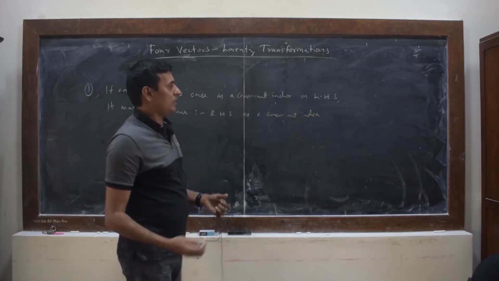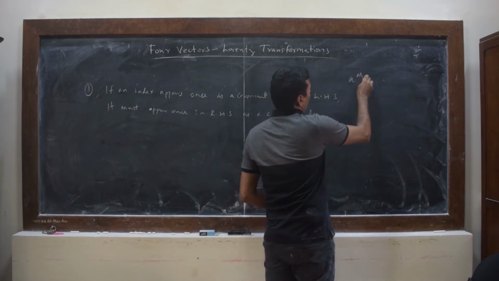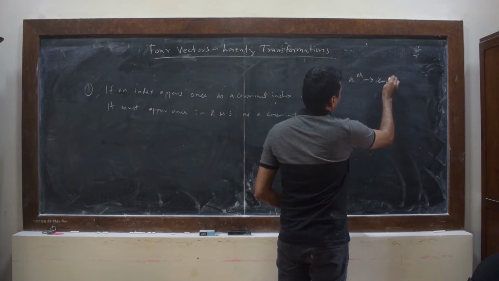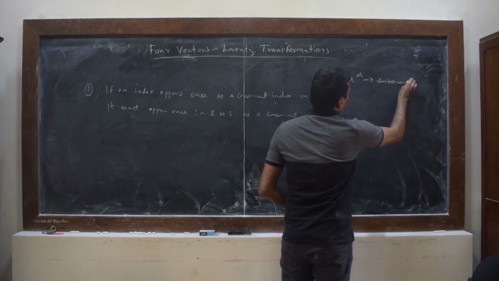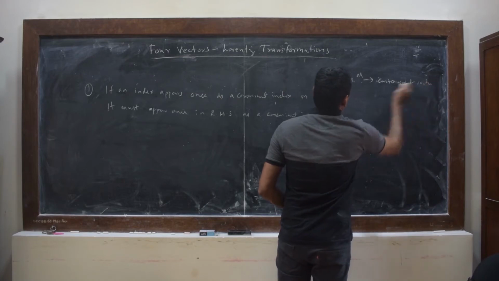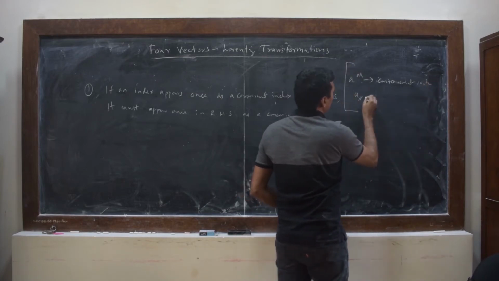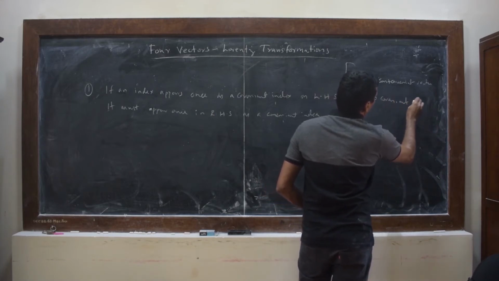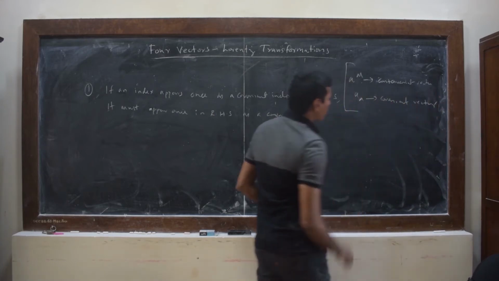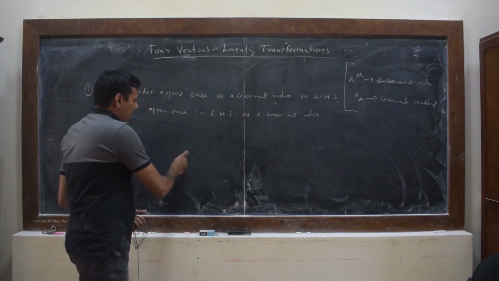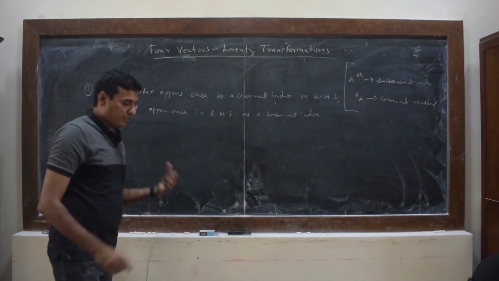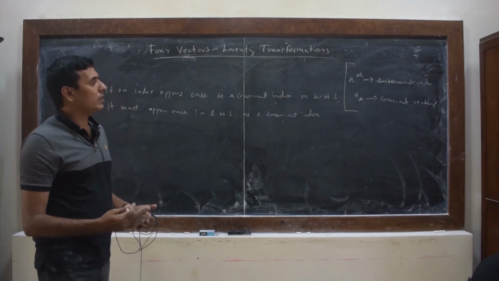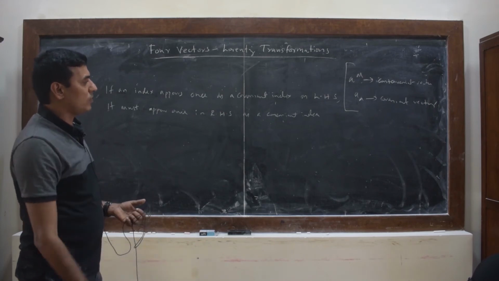That means if you have A mu as a contravariant vector, and A lower mu is a covariant vector, the first rule says that if in a tensor equation an index appears once as a covariant index on the left hand side, it must appear once on the right hand side as a covariant index.